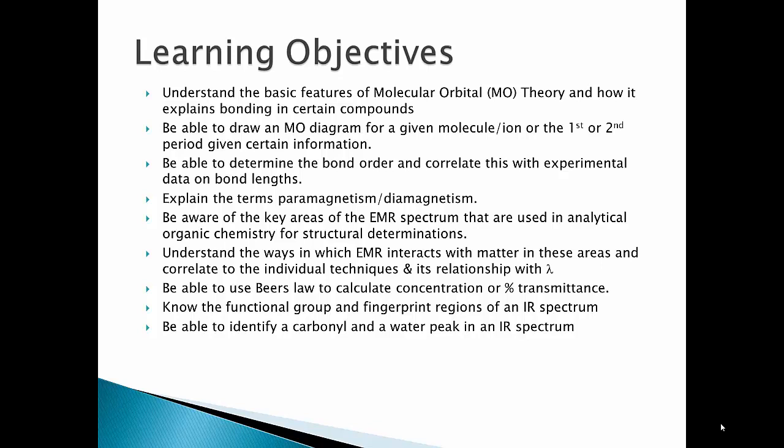Also be able to solve problems using Beer's law, so calculate concentration or percent transmittance, and the equation you need again is in your extra sheet for that. We also want you to understand IR spectra and be able to correlate particular compounds to particular spectra based on those key functional groups. And again, in your exam, you're going to be given the supplementary, which will give you that correlation table.